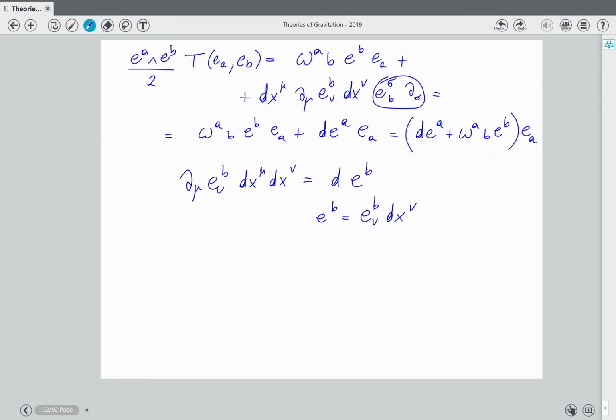And we define the torsion as a differential form as the coefficient of that vector, which is a matrix, d exterior derivative of EA plus omega EB EB, which will also write as covariant derivative of EA.